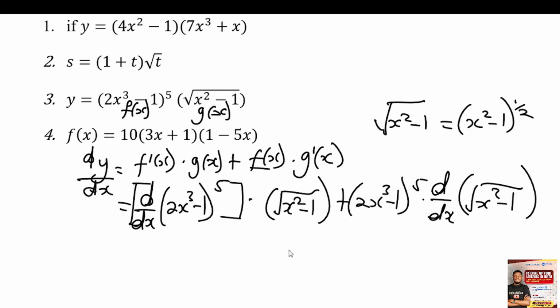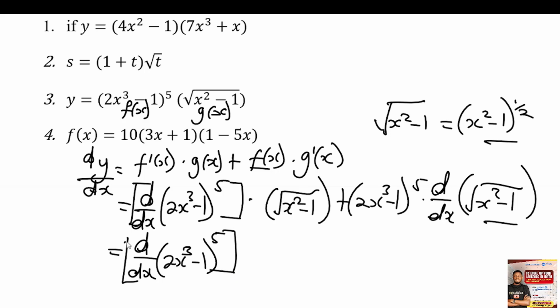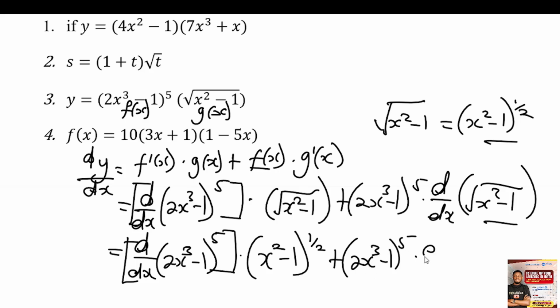So in this case, if we rewrite this one as this, then we are going to have d dx of 2x exponent 3 minus 1, all exponent 5, dot x squared minus 1 exponent half, plus 2x exponent 3 minus 1 exponent 5 dot d dx of x squared minus 1 exponent half.